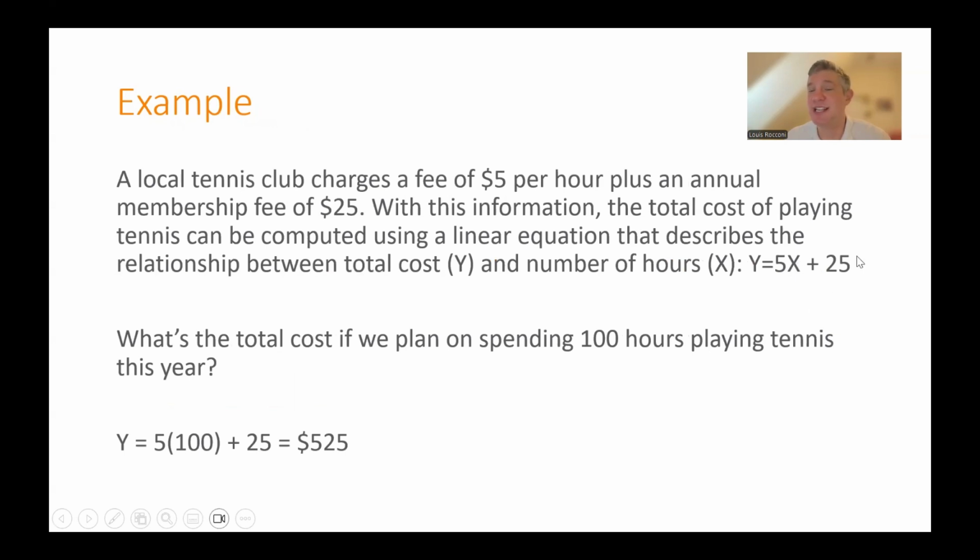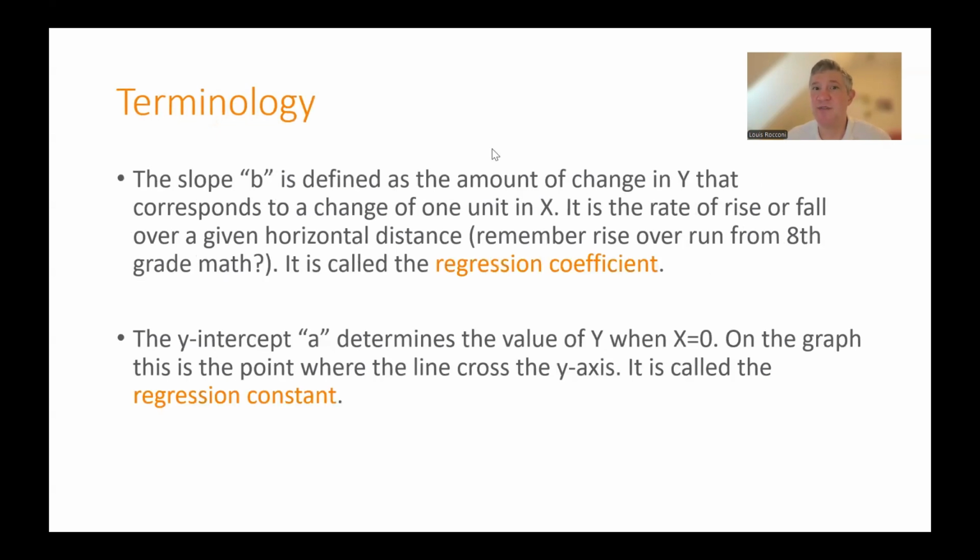And then our b coefficient here, 5, our slope: for every 1 unit increase in x, y increases by 5 units. For every hour that we played, our total cost increased by $5. So it's still interpreted the same way: for every 1 unit increase in X, Y increases by B units, whatever that is.